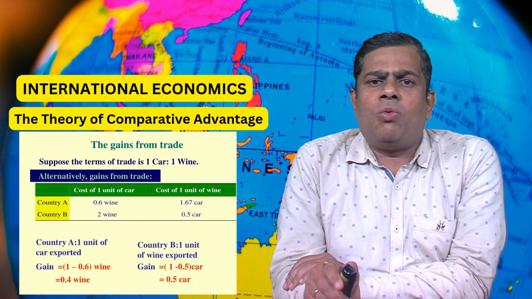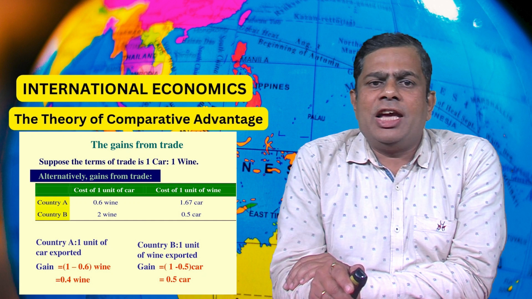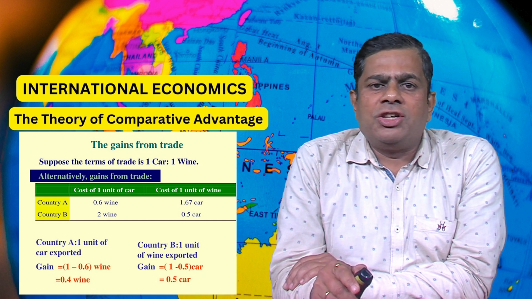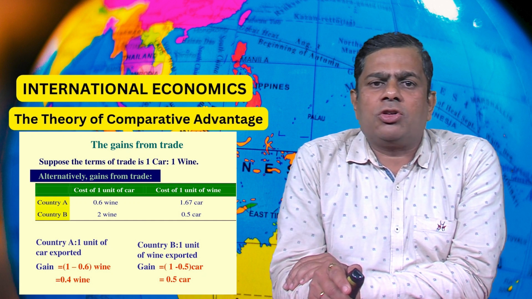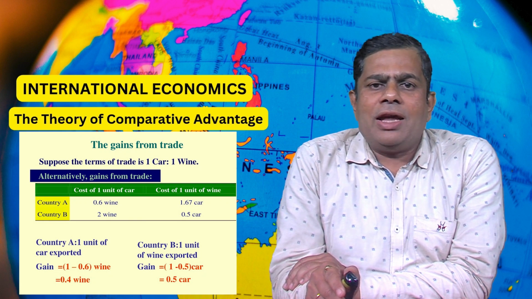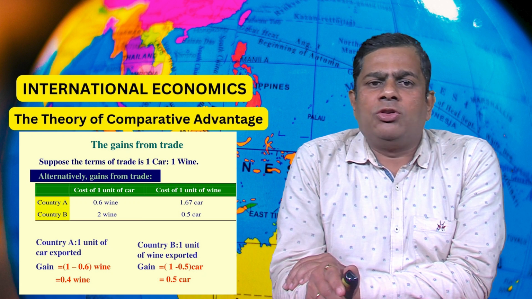Now we can find the gains from trade. Suppose the terms of trade is 1 car to 1 wine. For country A, the cost is 0.6 wine for 1 unit of car, and 1.67 car for 1 unit of wine.